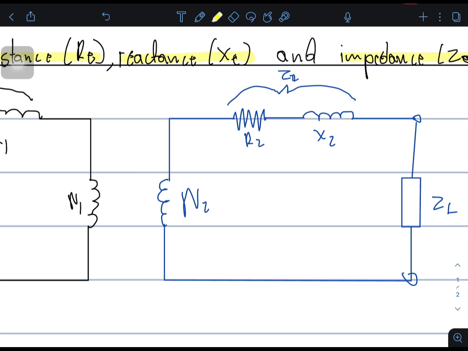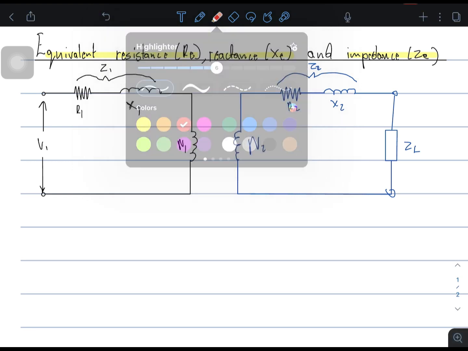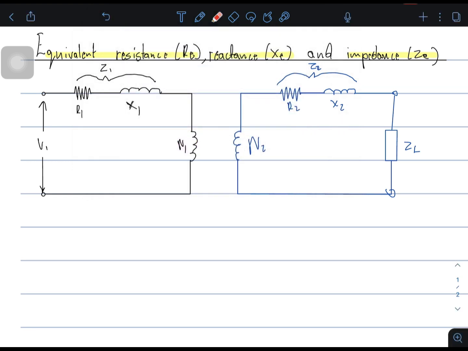in that transformer. But the problem with a transformer is one. There is only one challenge with the transformer. That challenge is that the primary circuit and the secondary circuit are electrically isolated from each other.